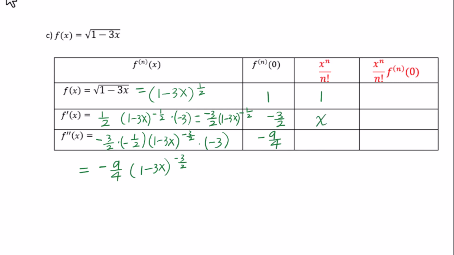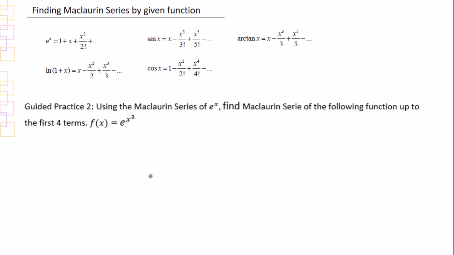Times 1, x, x squared over 2 factorial, which is x squared over 2. So we get 1, negative 3 over 2 x, negative 9 over 8 x squared. The Maclaurin series for square root of 1 minus 3x is 1 minus 3 over 2 x minus 9 over 8 x squared, and so on.